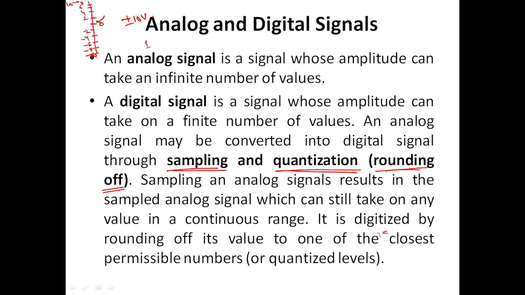You have to round off, because in digital signals the amplitude values can only have values of 0, 2, 4, 6, 8, 10, and on the negative side minus 2, minus 4, minus 6, minus 8, minus 10. If it is 1, it is 50%, so we round it off to 2.